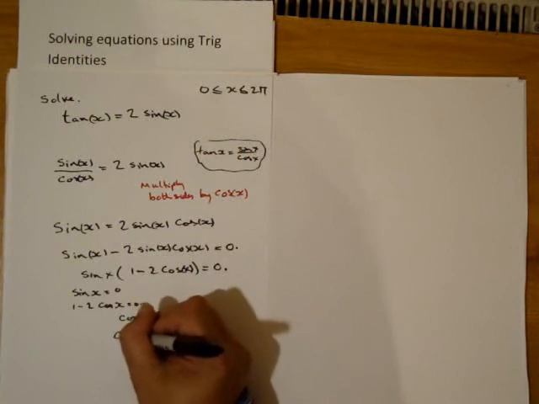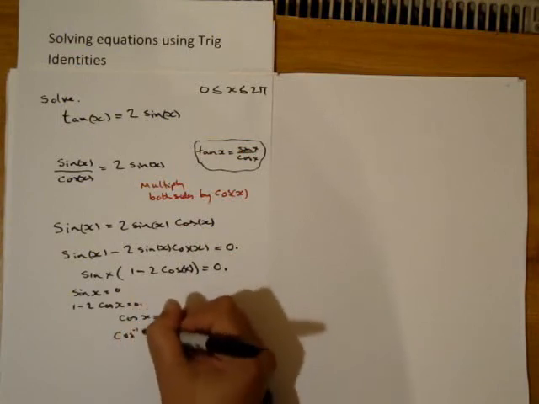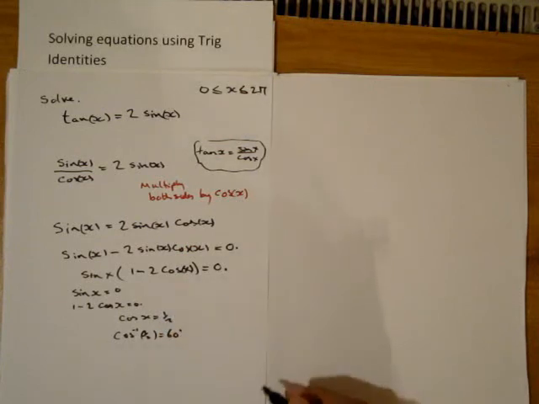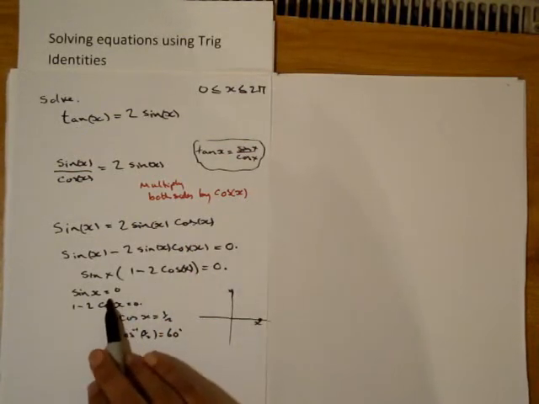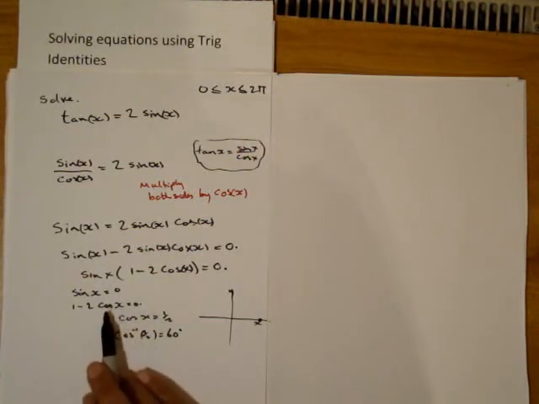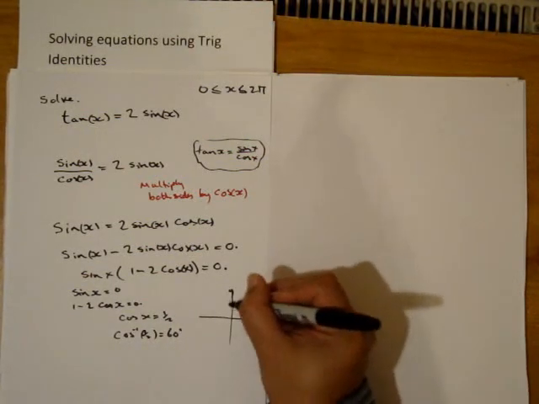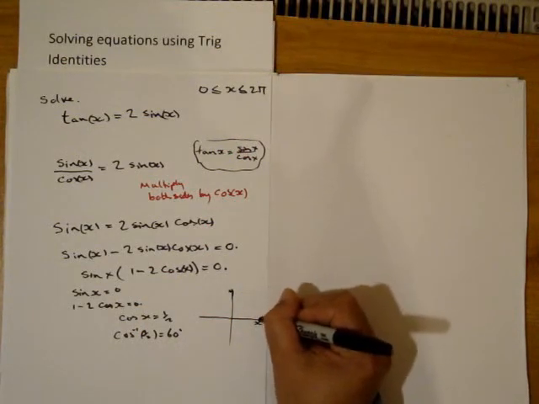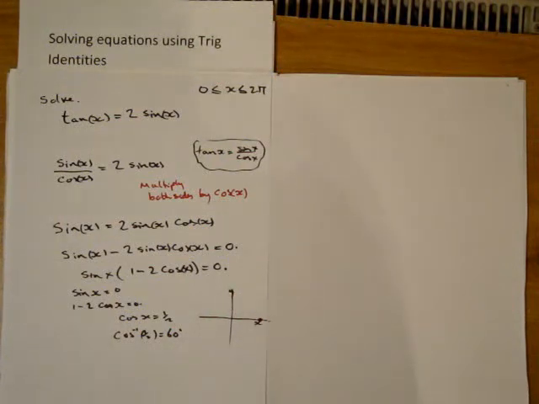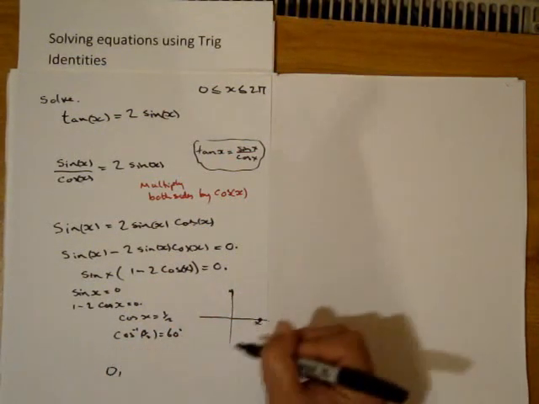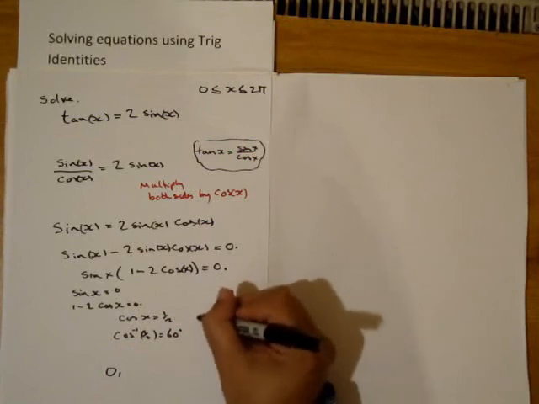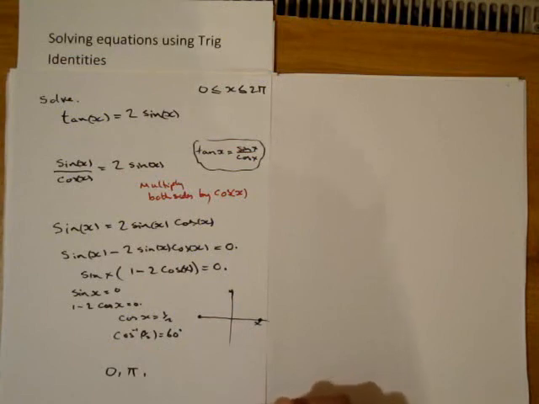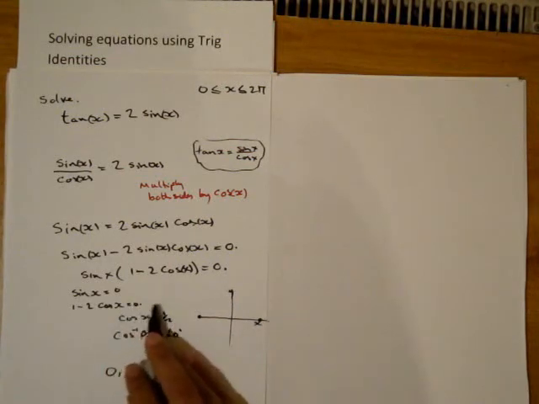Sorry, we're going to go sin x equals 0 first. So sin x is a projection onto the y-axis, so it equals 0 here, so there's no projection onto the y-axis, so that'll be 0. And also at this point here, which is pi. So that's when sin x equals 0.